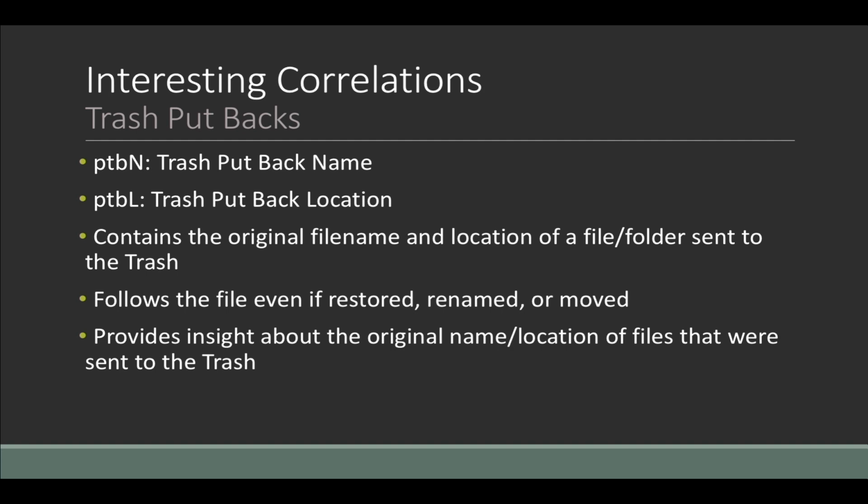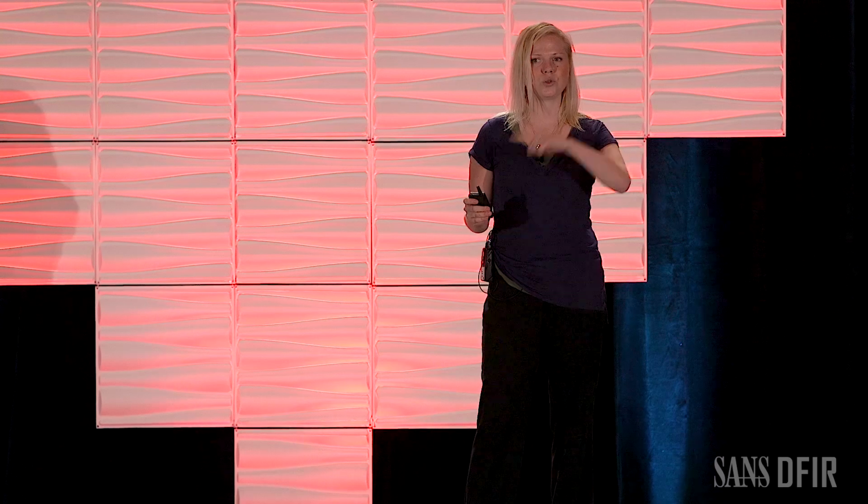This is stored so that if you want to restore it, Finder knows where to put it. Say a file that was on the desktop was sent to the trash, and then I restored it back to the desktop, but then I moved it somewhere else, those records, the original file name and location, will actually follow that file no matter where you move it.